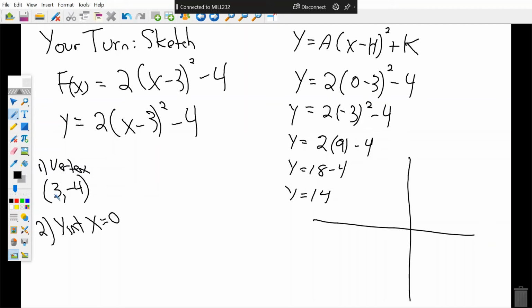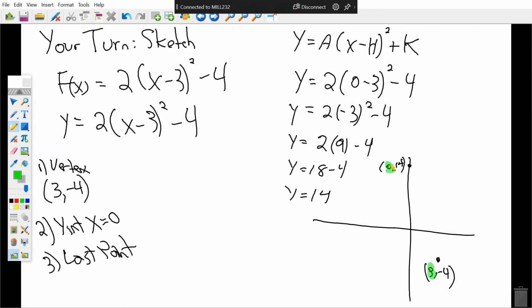Let's sketch a graph over here. The vertex is at 3 and negative 4. The y-intercept is at 0 and 14. Now, to find the other point, we have to look at how far apart are our x values.